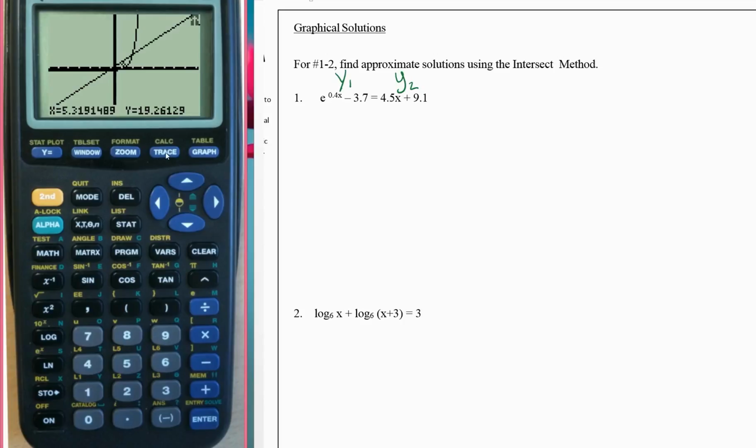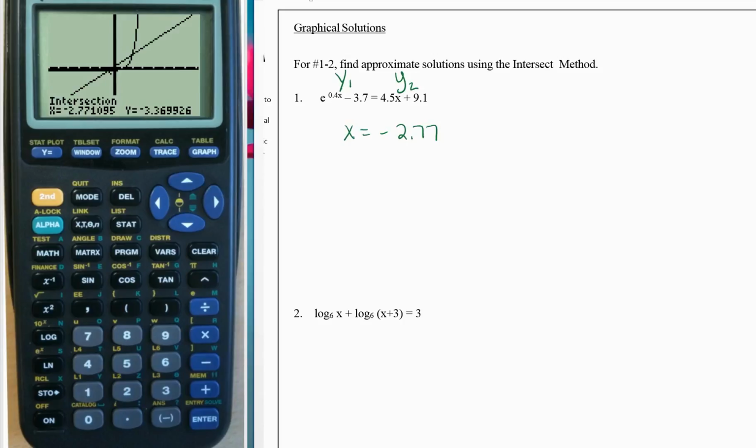So we're going to hit second calc, intersect, 5. First we're going to move the cursor over to where we see this first intersection happening, and hit enter, enter, enter. And we see that we have one at x equals negative 2.77.